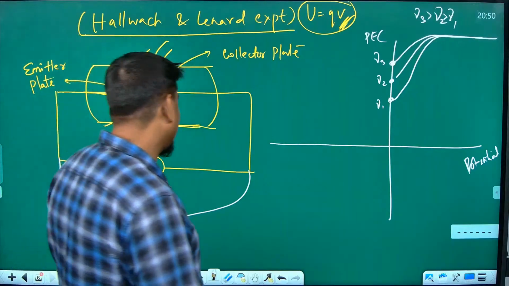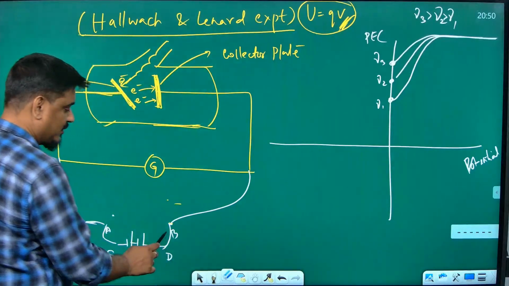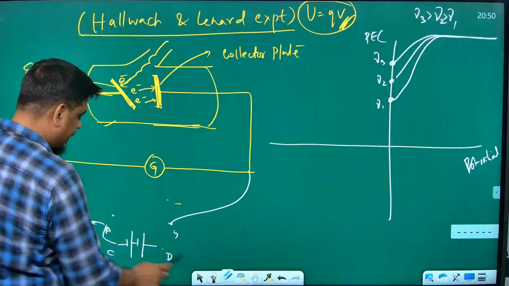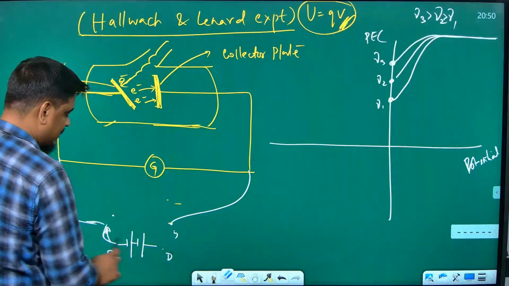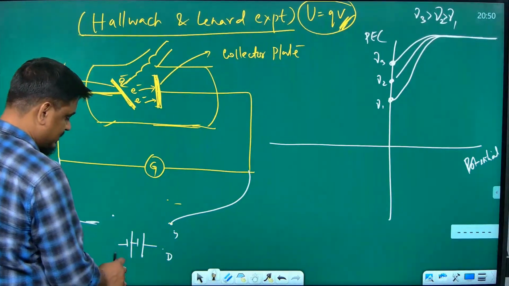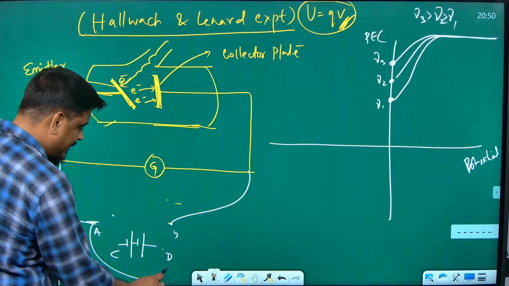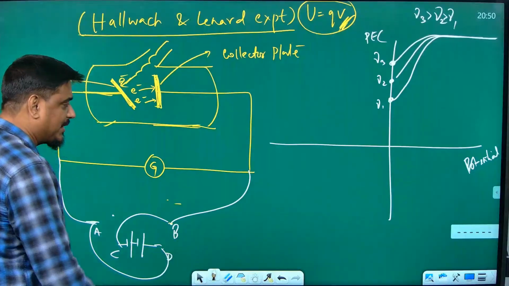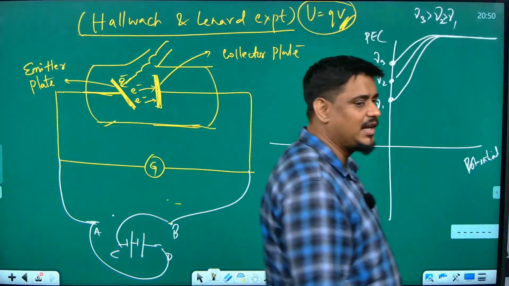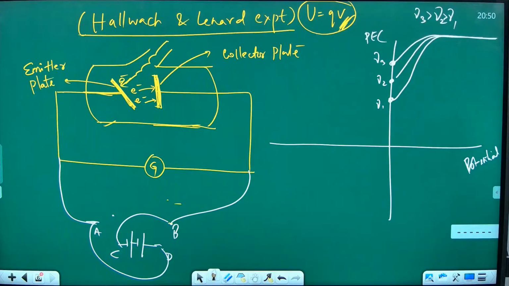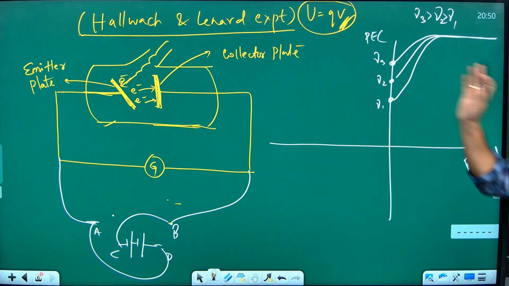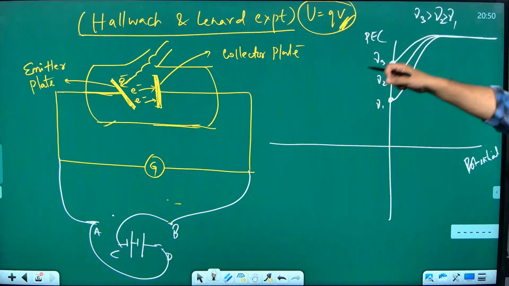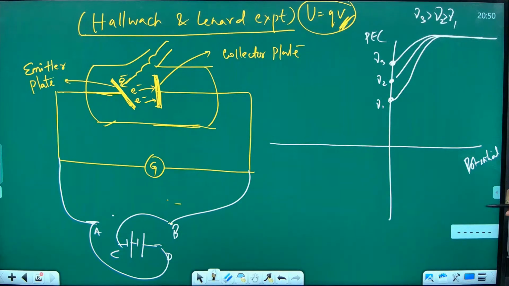Now what I did, I changed the polarity, and I made A go with D and B go with C. The moment I made this, what happened? Emitter plate became positive, collector plate became negative, opposing the photoelectric effect. Electrons that were getting ejected were being thrown back by the collector plate and absorbed by the emitter plate, opposing the photoelectric effect.